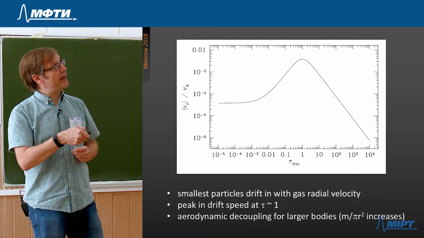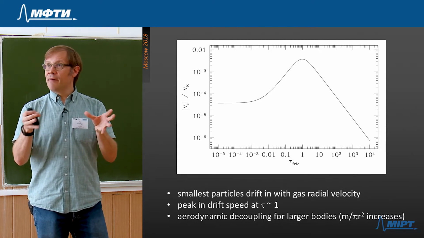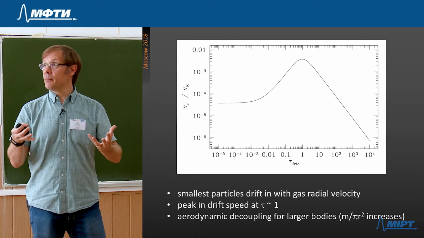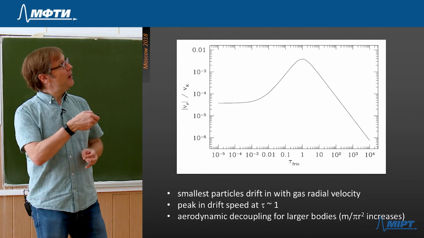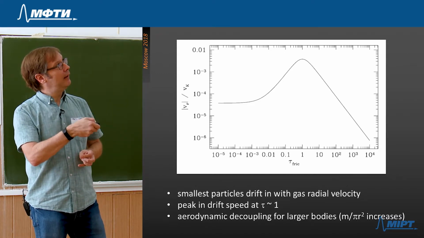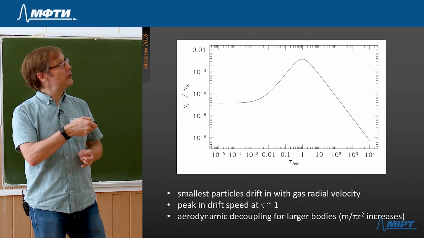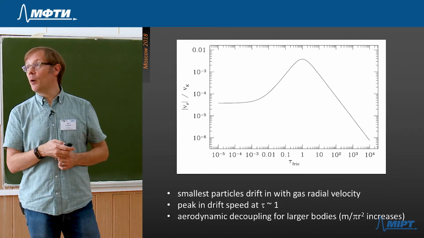And then as we go to very large objects, those are just moving at the Keplerian speed, and the aerodynamic forces ultimately become negligible because the mass becomes large compared to the surface area. So ultimately this just keeps dropping down towards zero. But then there's this large peak in the middle, which is at tau friction or tau stop of order unity. Okay? So we have a peak in the drift speed at tau of 1.